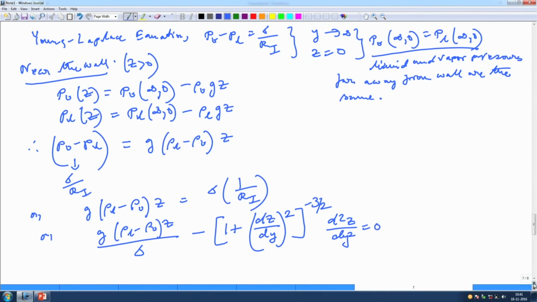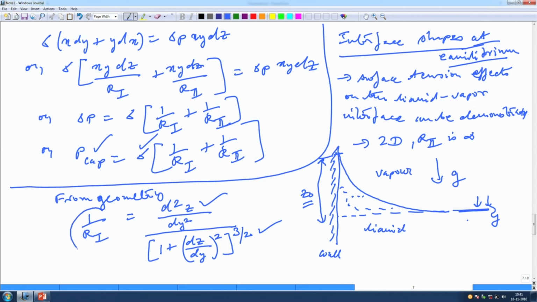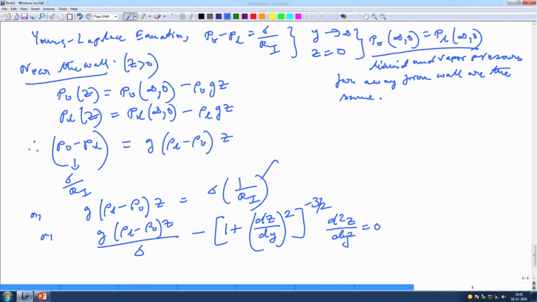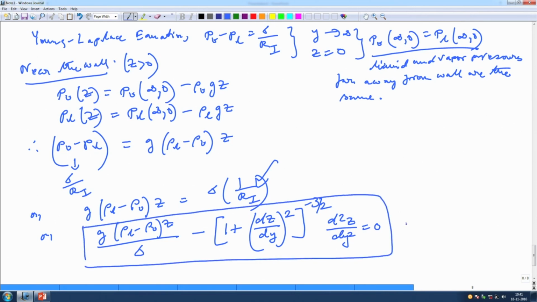If you do not understand, just look at it. We have taken this expression which is already there and applied it here. It is a straightforward application of the same, and we have brought things to the same side. So, this is the expression that we get by considering close to the wall.